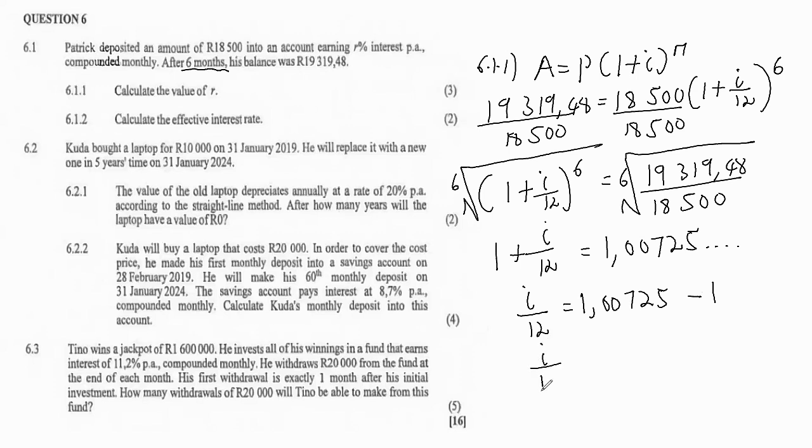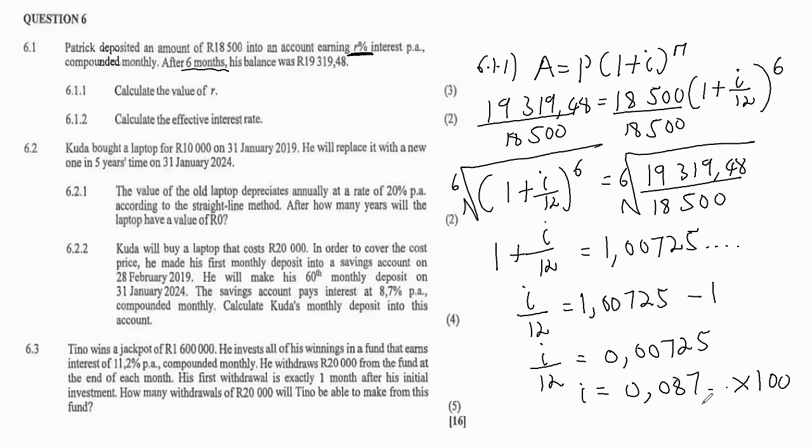And then i over 12 gives us 0.00725, and when we cross multiply with the 12, our i is 0.087 and a whole lot of decimals.